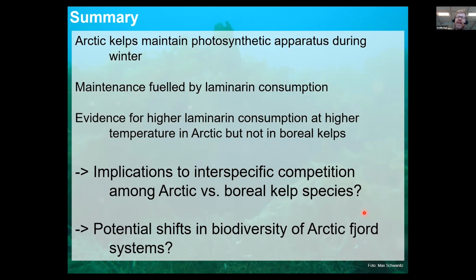And this was not the case in the more boreal kelp Saccharina latissima. And this may point to a change in interspecific competition, because Arctic kelps and boreal kelps may behave differently with climate change. And this may, of course, then also be part of the mechanisms of shifts in biodiversity of Arctic fjord systems. That was one particular case study on the kelps from Kongsfjord.